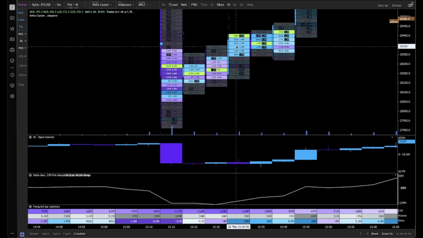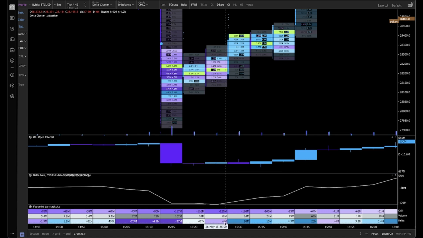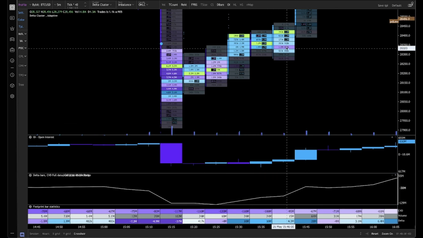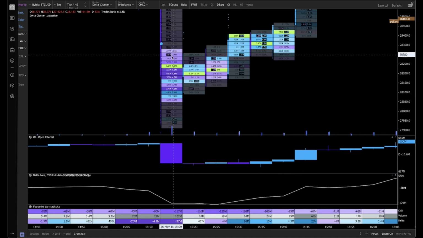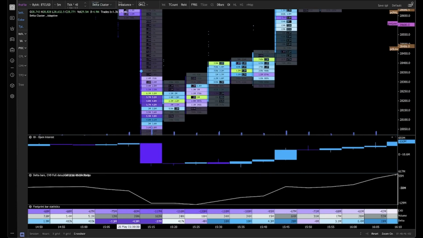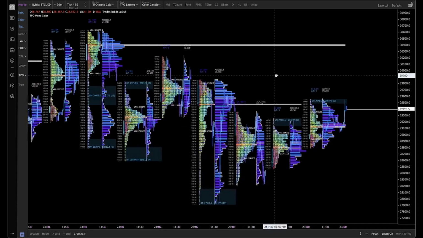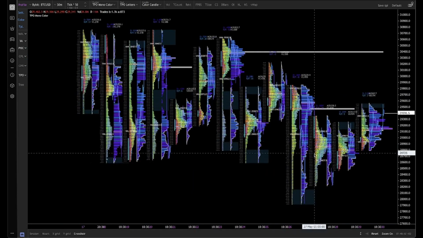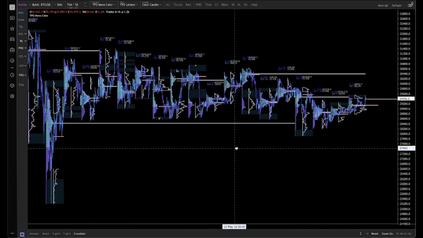With all of these things I just said, you want to see negative delta at the lows or positive, depending on if you're trading a long or short position. And then of course we need the decrease in open interest for the stop loss, and then the buying imbalances. And also, as a confirmation, I use the buying tails on the TPO template.